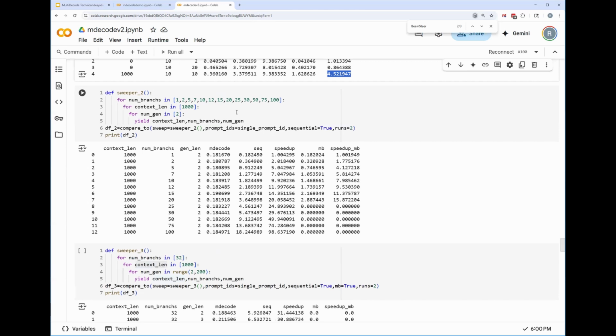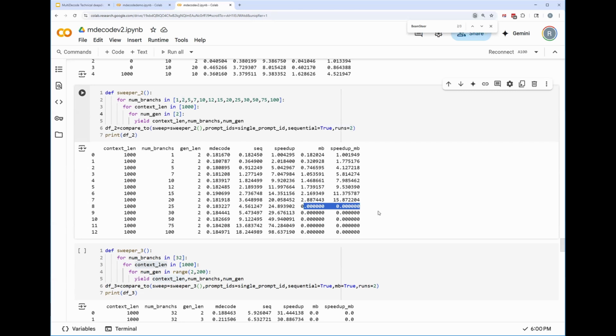Here I was exploring, given a fixed context and just 2 tokens generated, I wanted to explore more branches. And you can see this is one thing of note here. These are basically where the GPU ran out of memory. So the mini batch grew too large and I couldn't actually do it. I should mention that I'm running on an A100.